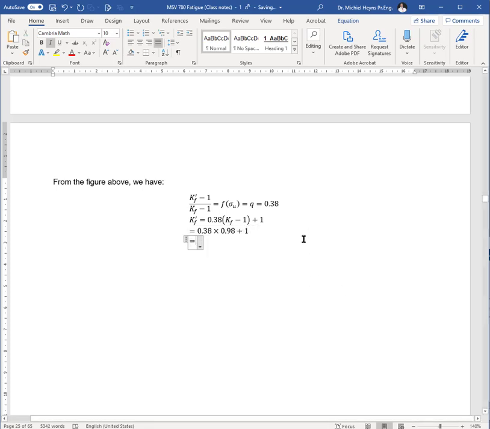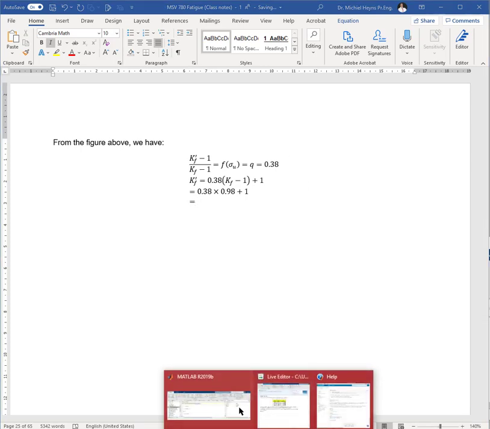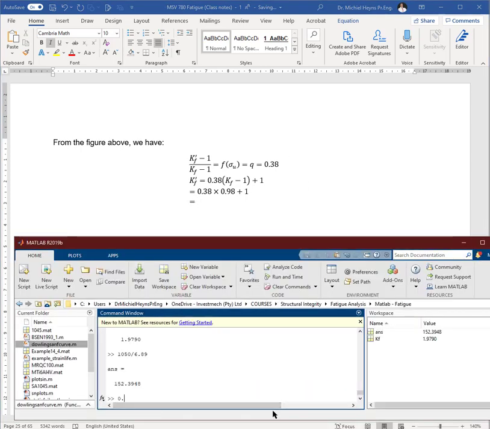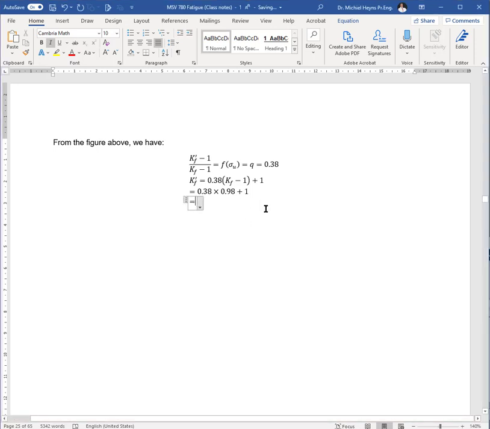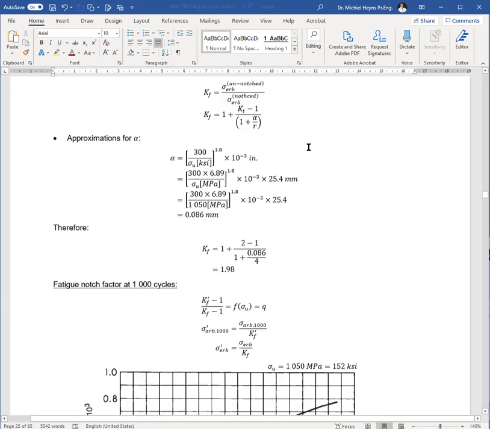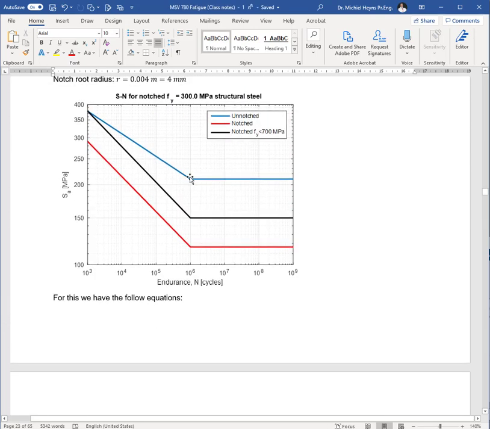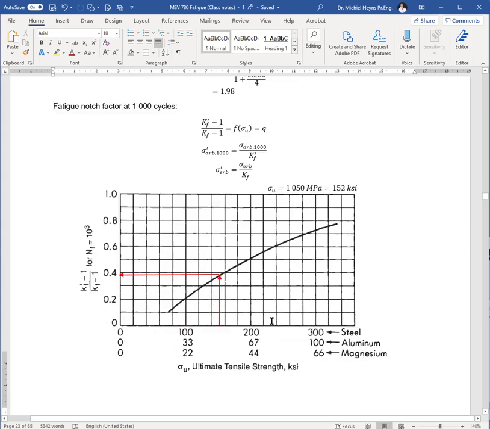And this is equal to 0.38 times 0.98 plus 1, which is 1.37. And this is the factor with which we're going to drop the SN curve at 1,000 cycles. So this point here will be 0.9 ultimate tensile strength divided by 1.37.